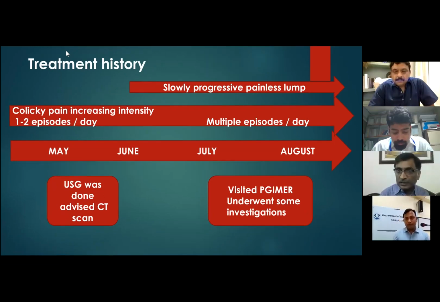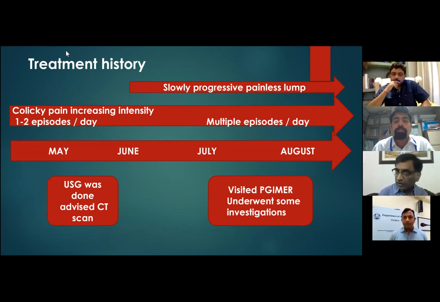It will not last for 30 or 60 minutes. It tends to build over a few seconds to a few minutes and comes down within a few minutes. This is because it is temporally related to vigorous contraction proximal to the obstruction in a hollow viscus. So that is very important.